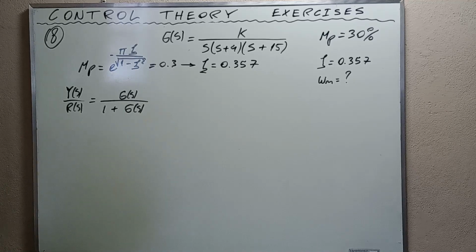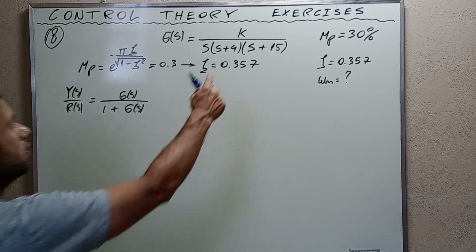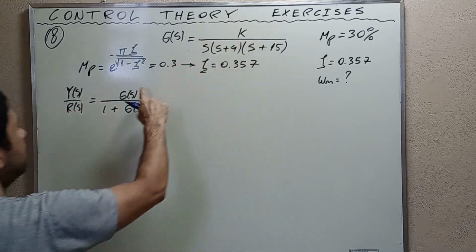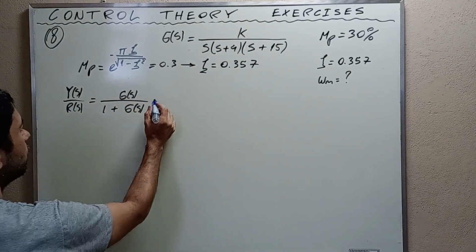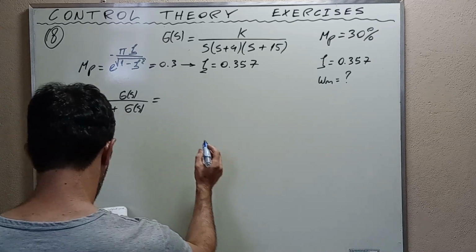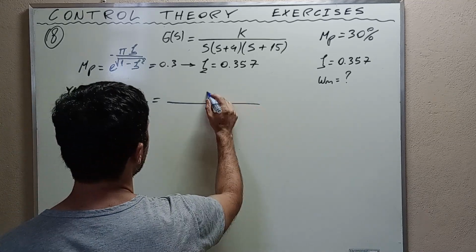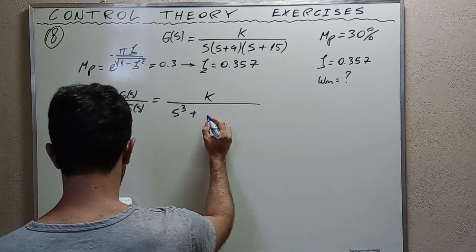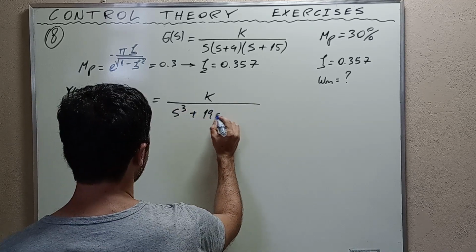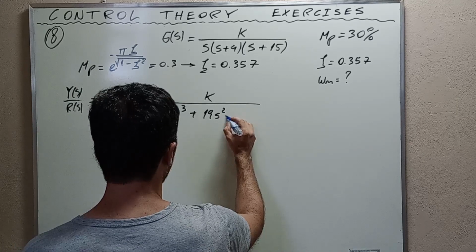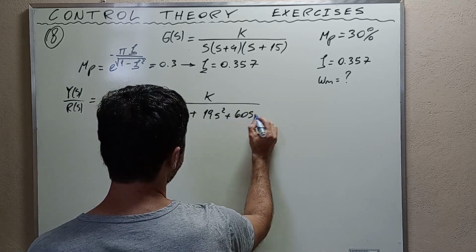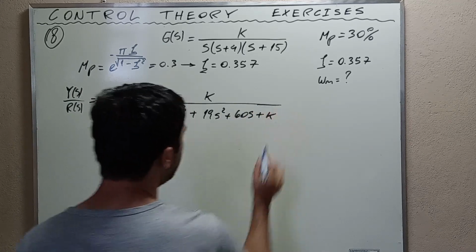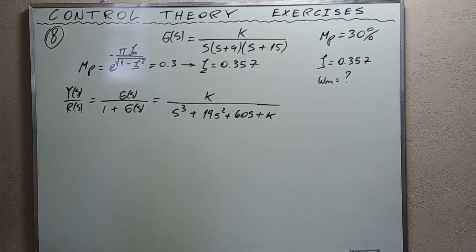I invite you to try that at home and substitute this G(s) here, and then we find this: K over s cubed plus 19 times s squared plus 60s plus K. Alright? This is the closed loop transfer function.